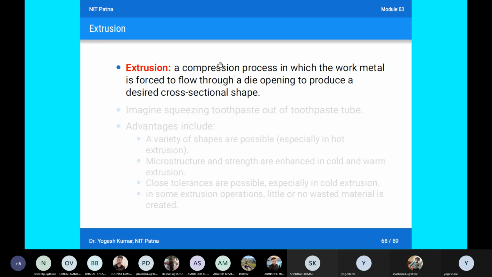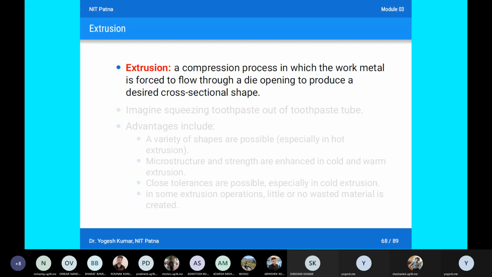Under extrusion processes, as I already told, the metal block is forced to flow through a die opening to produce a desired cross-sectional shape. This cross-sectional shape may be round, maybe hollow circular, maybe rectangular. I think most of you have noticed your door opening.